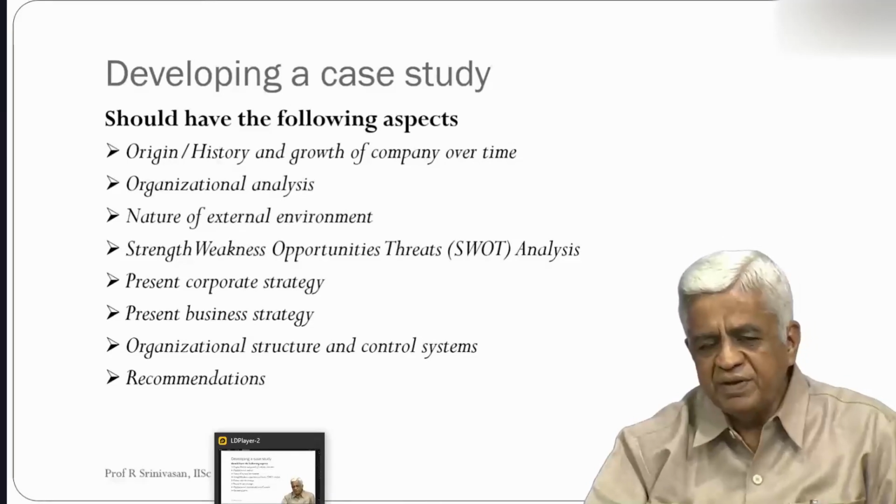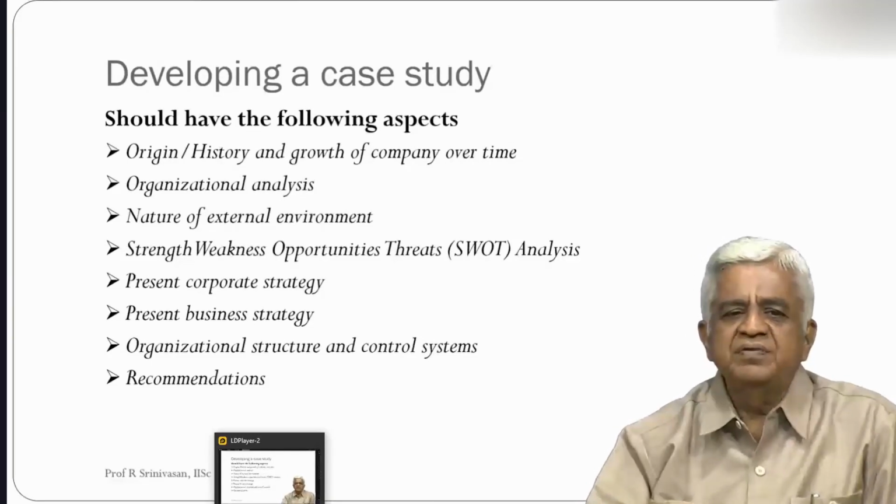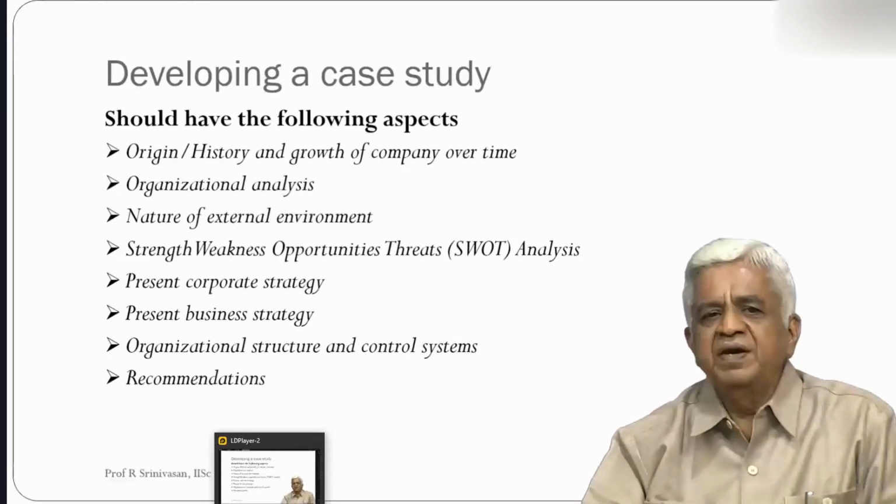The next aspect which has to be presented to the student in a case is the present corporate strategy. By saying corporate strategy, we are referring to the entire organization. We are not just referring to one particular product line or business unit. First, this case has to give the strategy for the entire organization.